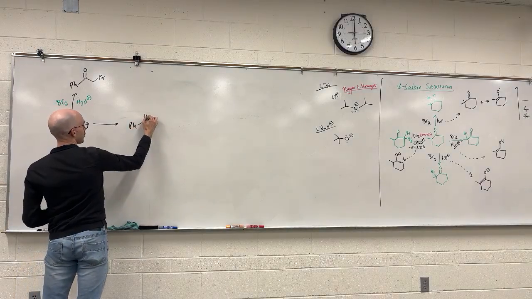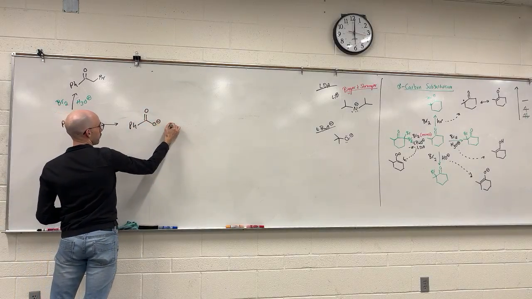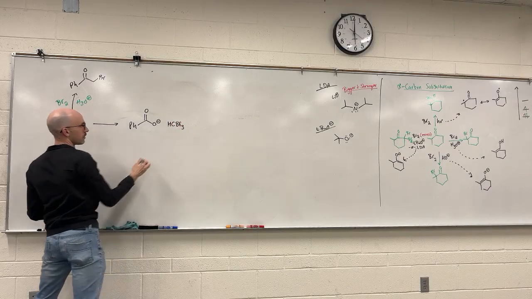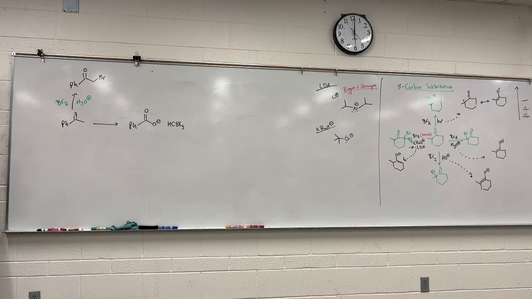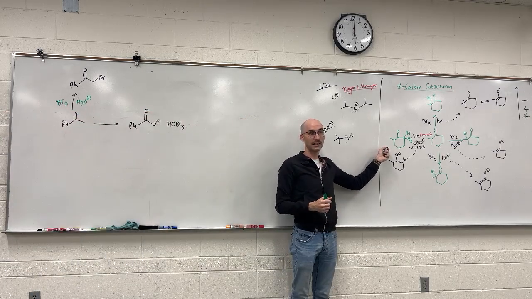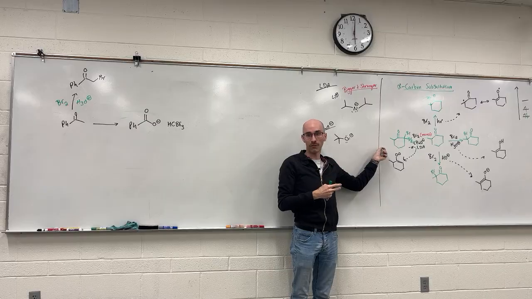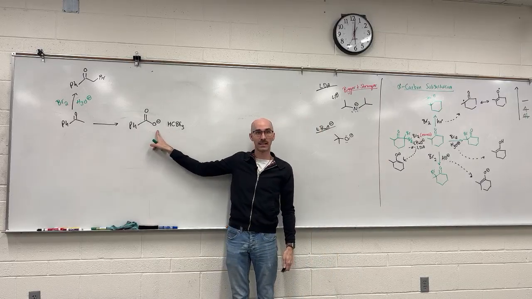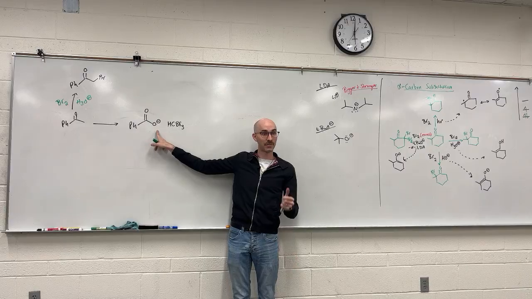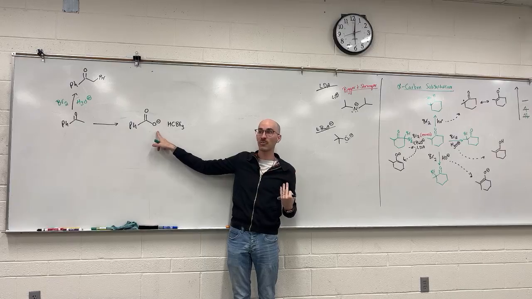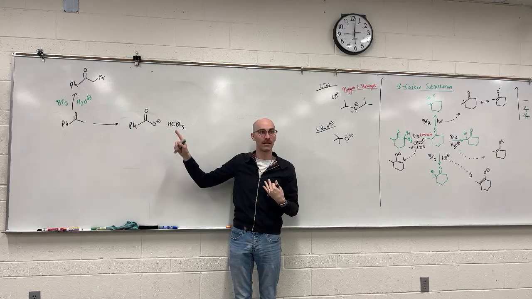In basic conditions, the monohalogenation doesn't stop, which is why we saw here in basic conditions, I can substitute both of the alpha hydrogens. But now we're finding in basic conditions, I can substitute all three of the alpha halogens, and I can cleave the carbon off of the carbonyl carbon entirely.